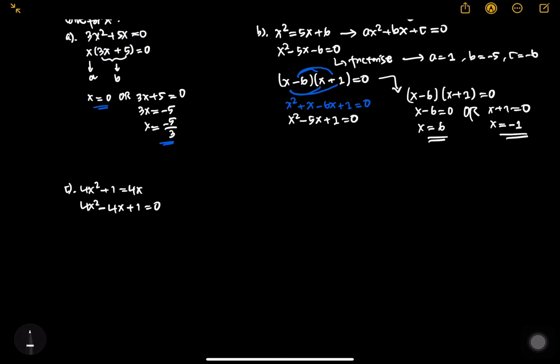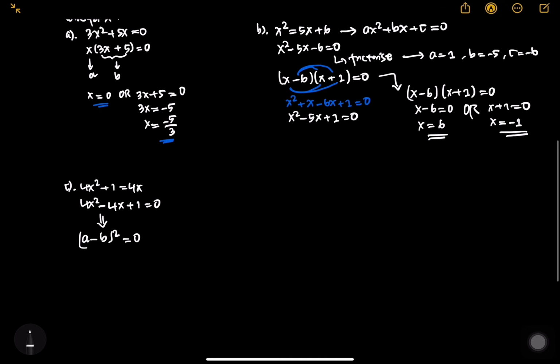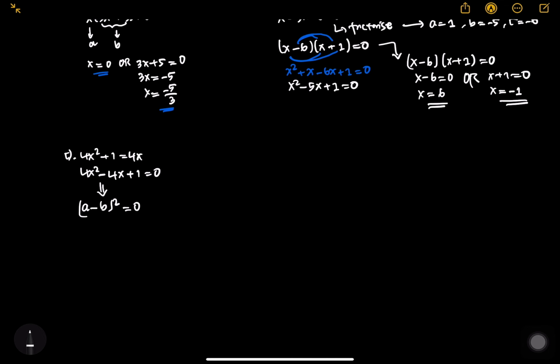Okay, think about a number. It can go to the form of (a minus b) squared equals 0. We can turn that into the algebra form. So you have to find the numbers that you can add together. Why can I turn that into a minus b?